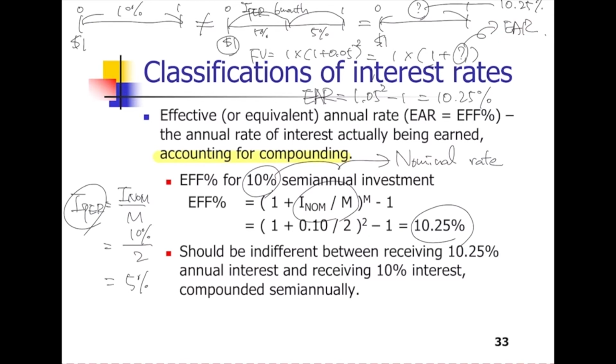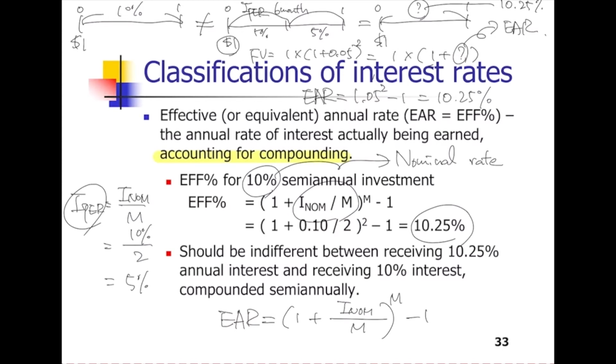EAR has a general formula, so you can easily calculate this. EAR is equal to 1 plus nominal rate over m, where m means the compounding interval, compounding frequency, to the power of m, minus 1.